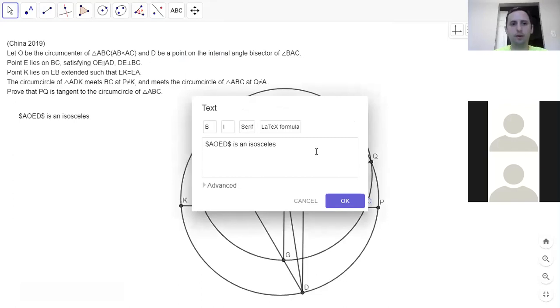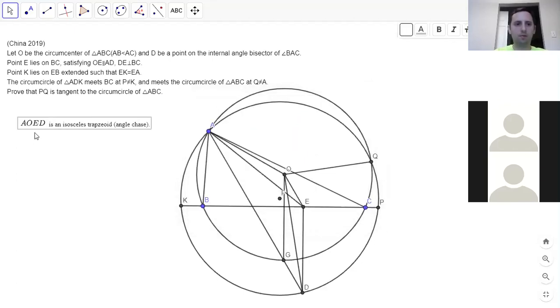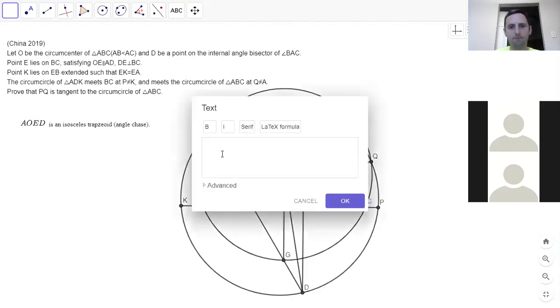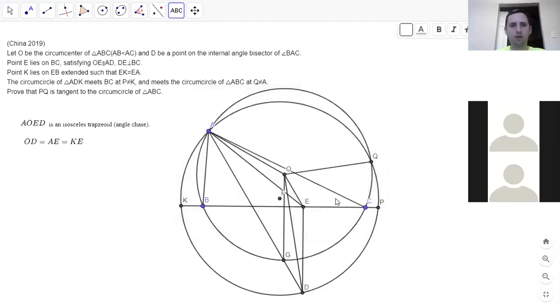All right, I'm just going to write out a couple things and then just leave it to the viewers since we're out of time. So we have that, and we have OD is equal to AE is equal to KE. And we also have ED is equal to OA is equal to OQ.